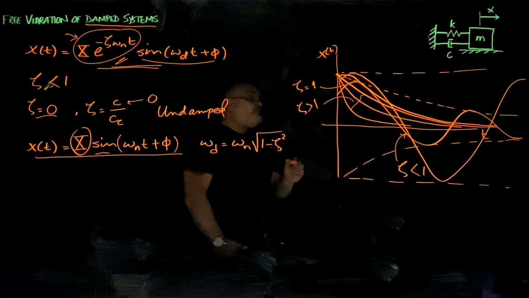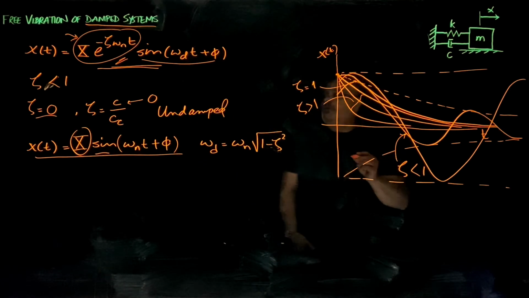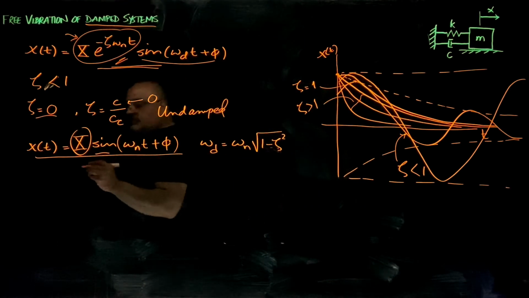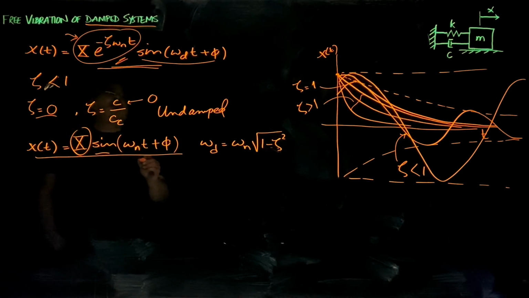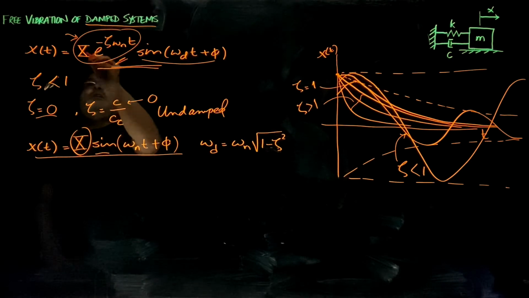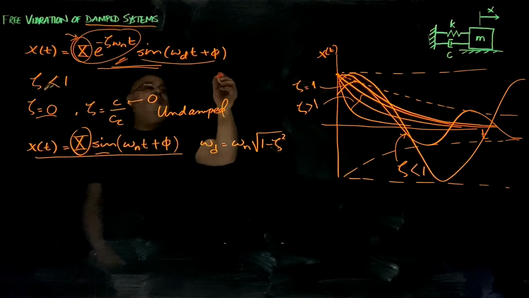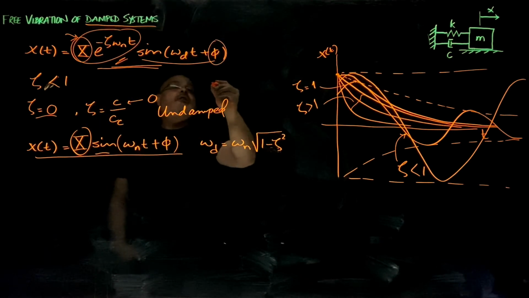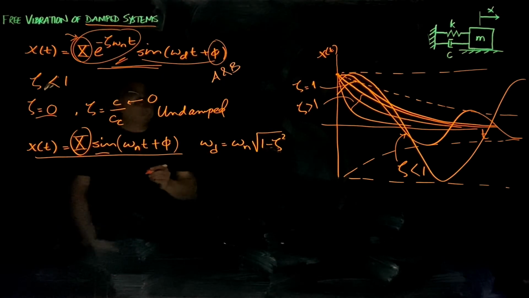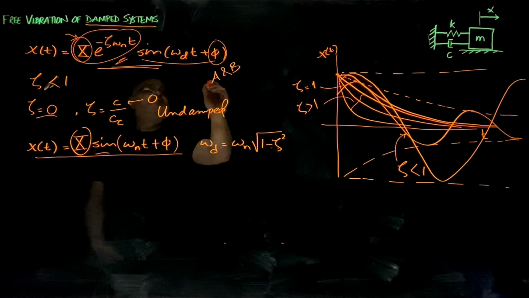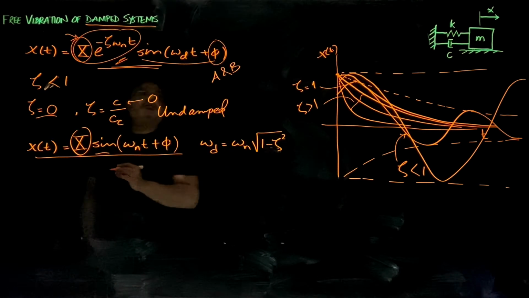Now, let me also try to derive or find the values of the constants x and phi, or a and b in the other form, which are to be determined by the initial conditions.